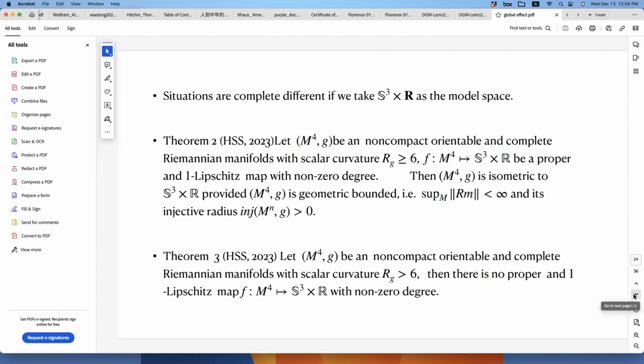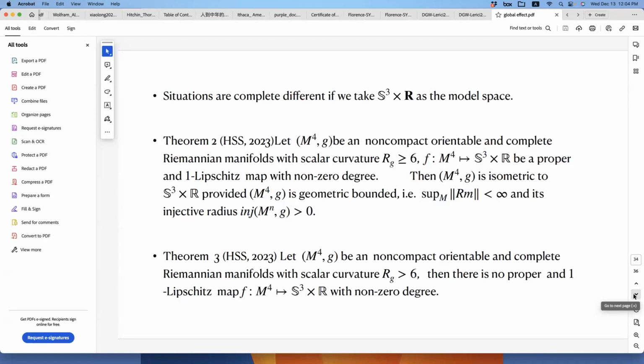Now we can show that if (M, g) is a 4-dimensional non-compact orientable and complete Riemannian manifold with scalar curvature bigger than or equal to 6, and f is a proper 1-Lipschitz map from M to the model space with non-zero degree, then if (M, g) is geometrically bounded, that is, the supremum of the curvature operator is bounded and the injectivity radius has a lower bound, then (M, g) must be isometric to this model space.